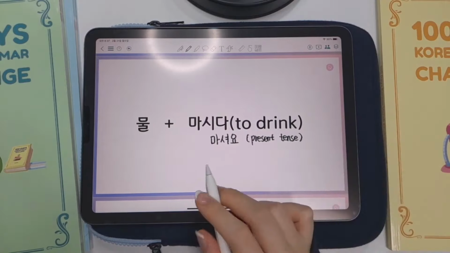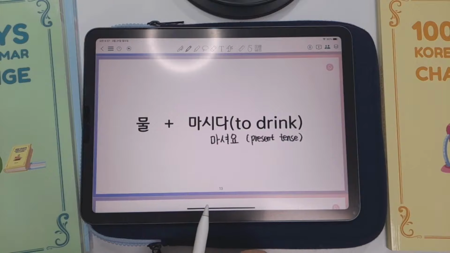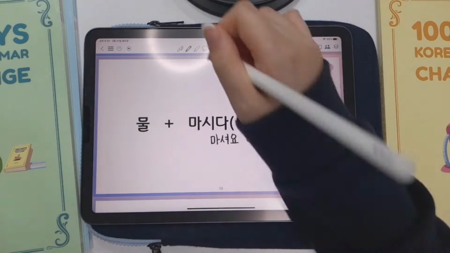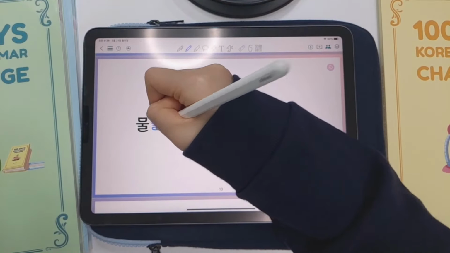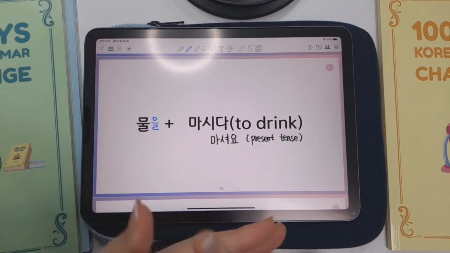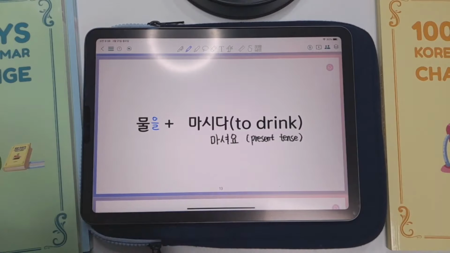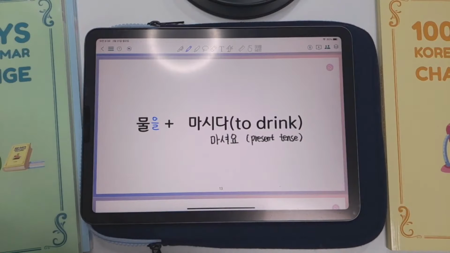And 물 has a final consonant, so 마를린 씨, perfect, we have to use 을. So 물을 마셔요. 안기 씨 맞아요. 프라틱샤 씨, 션텔 씨, 물을 마셔요. Okay, so it means drink water. I'm drinking water.